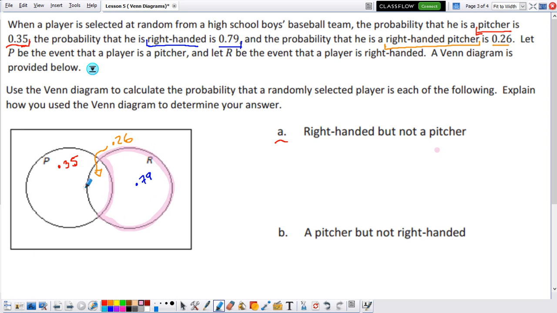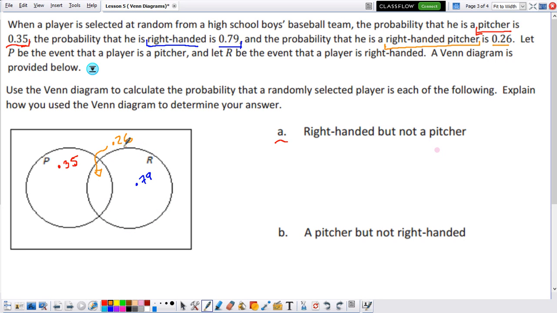Notice that this is the whole circle for right-handed. If we take out this section here, we're just going to have the section that we're interested in, which is right-handed but not pitcher. So what is the probability?